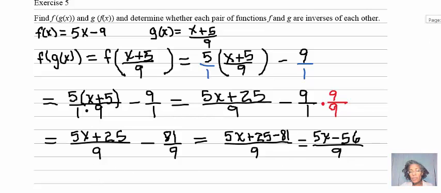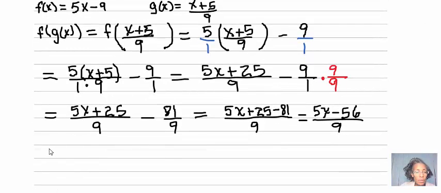And the important point about this result is that f of g of x is 5x minus 56 over 9.